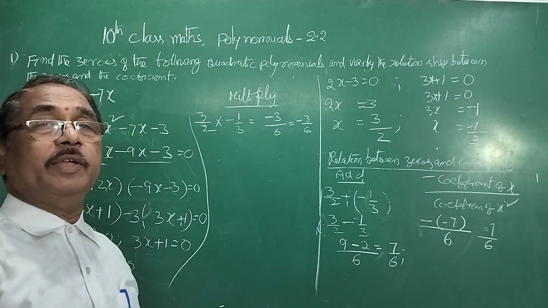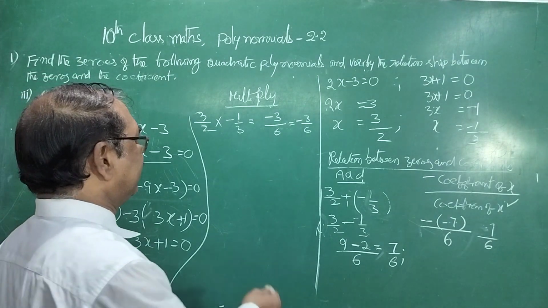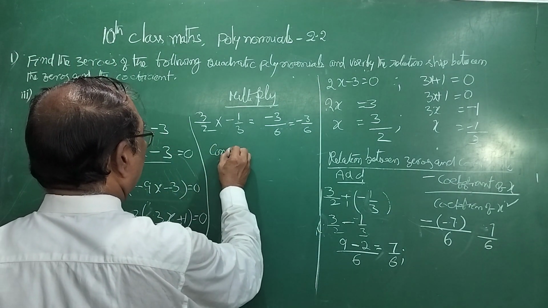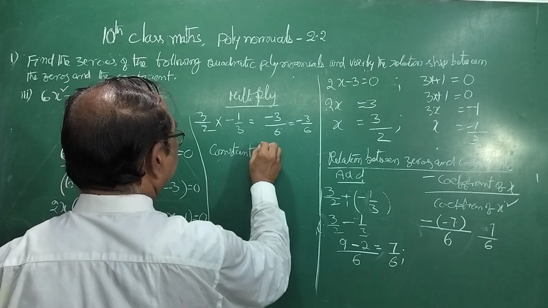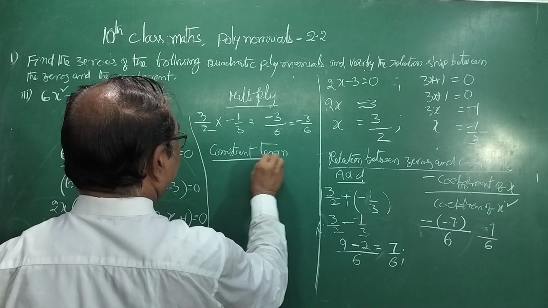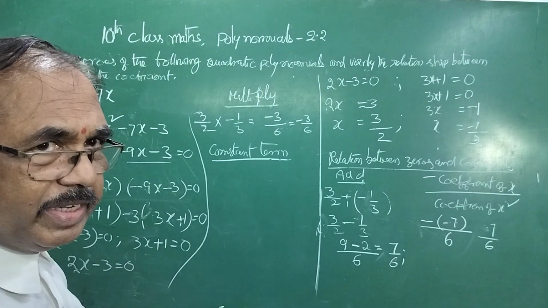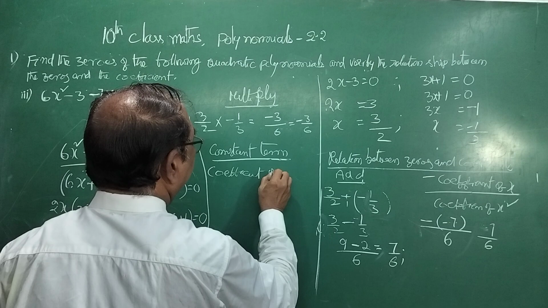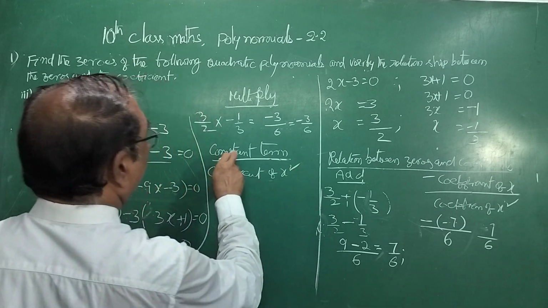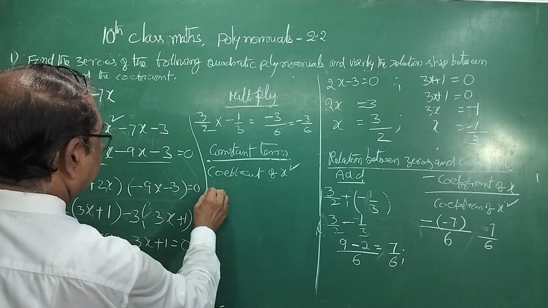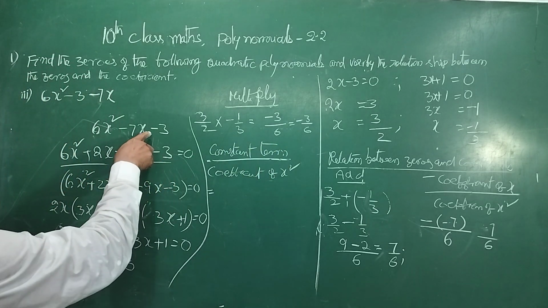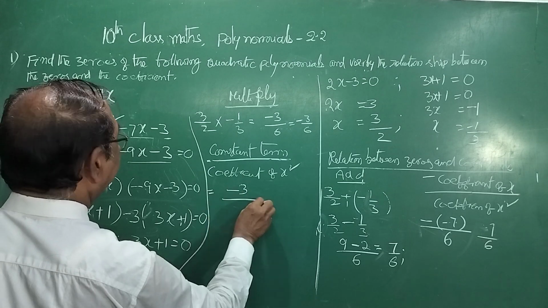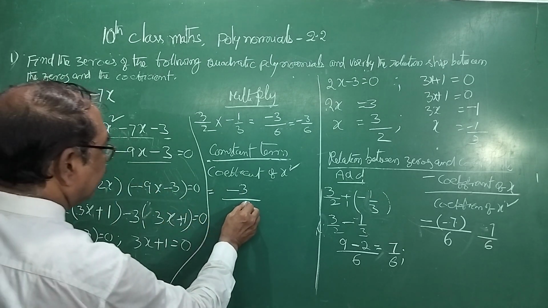As per the coefficients formula, when we multiply, what is the formula? Constant term by coefficient of x square. The constant term in this polynomial is minus 3, and the coefficient of x square is 6.